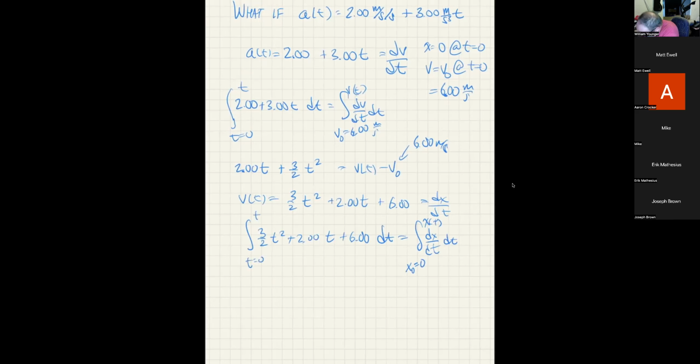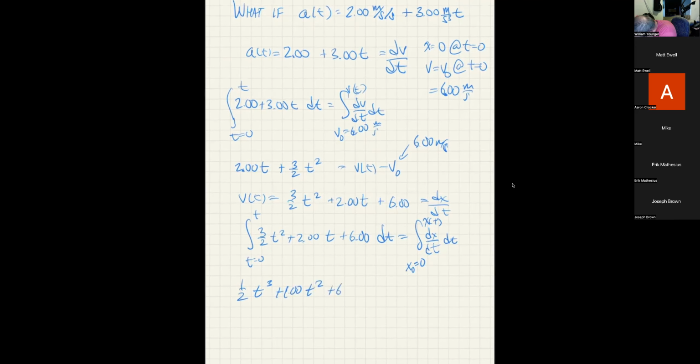So this first 3 halves t squared is going to become t cubed, so that'll be 1 half plus 1.00 t squared plus 6.00 t is equal to x of t minus 0, or x of t is equal to 1 half t cubed plus 1.00 t squared plus 6.00 t.